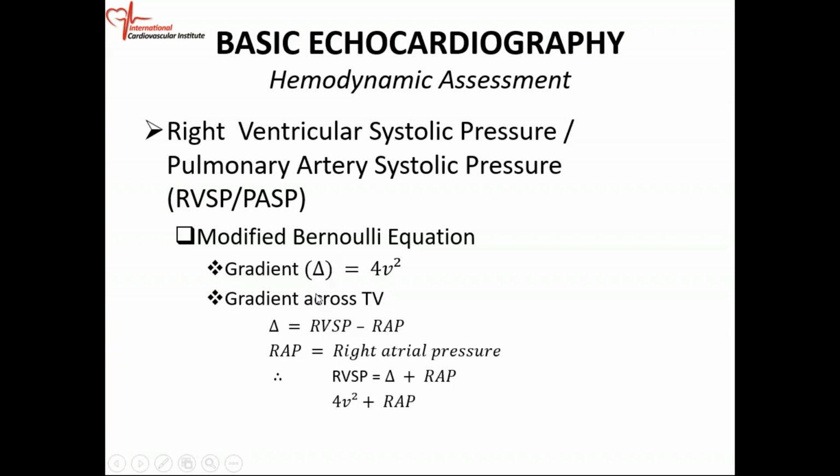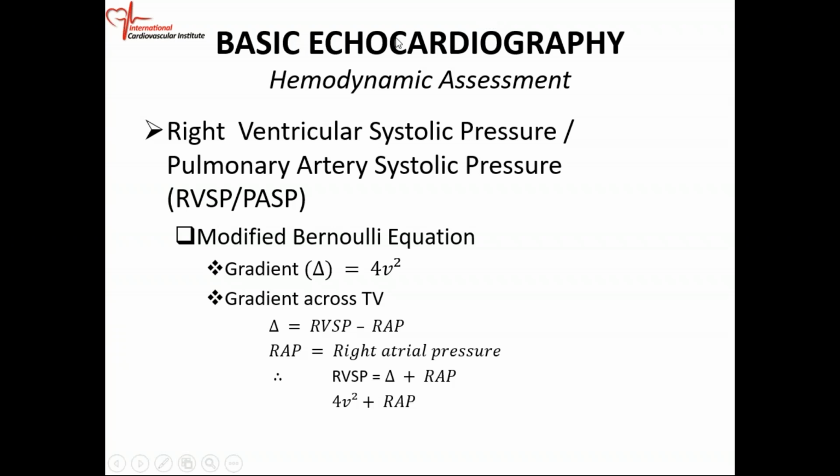So what the modified Bernoulli equation tells you is that that pressure gradient is equal to the tricuspid regurgitation velocity squared. Okay?